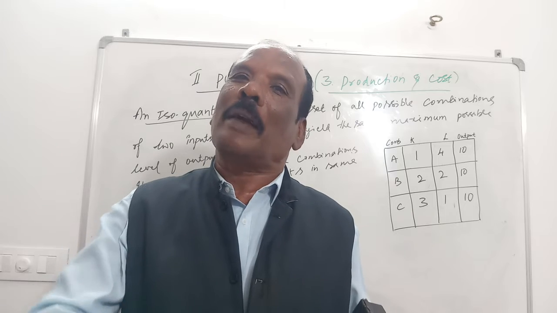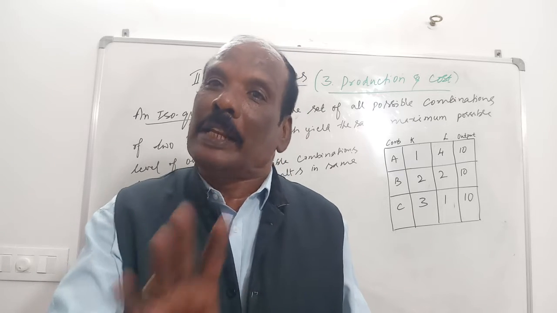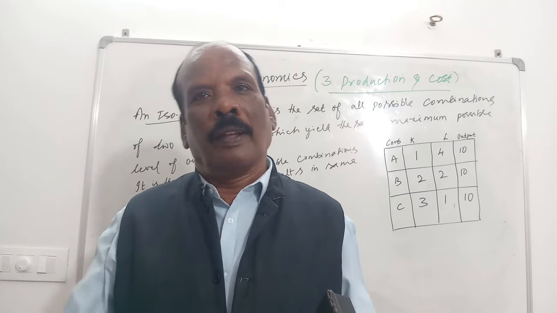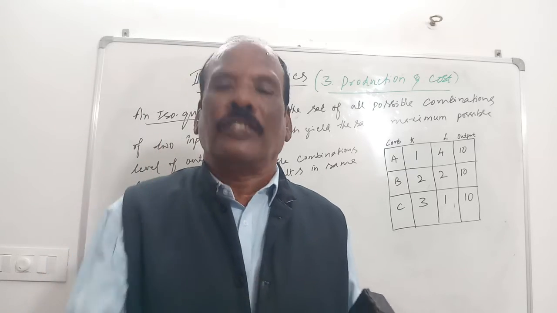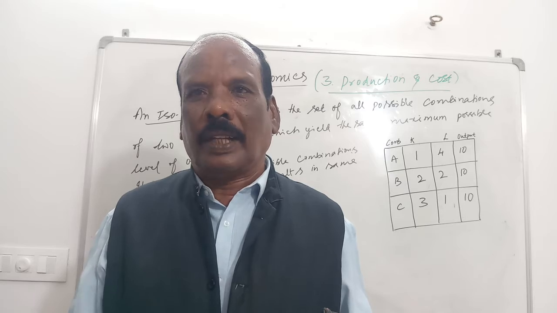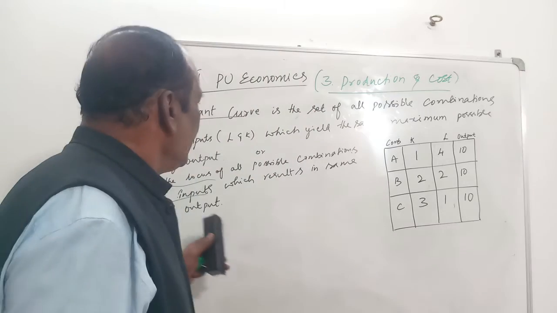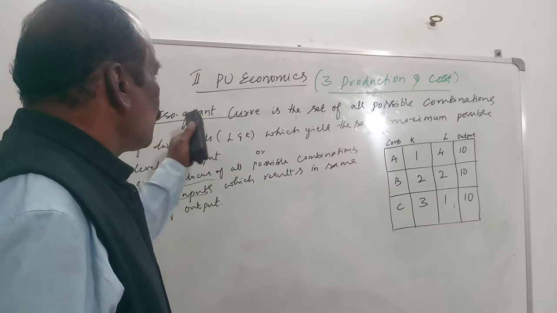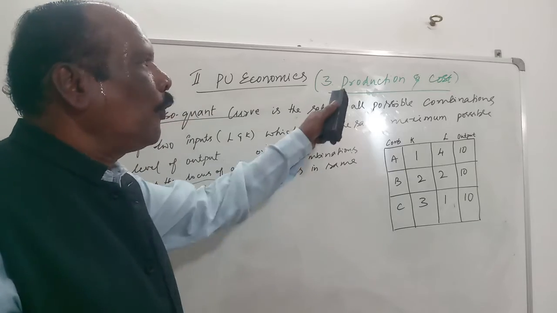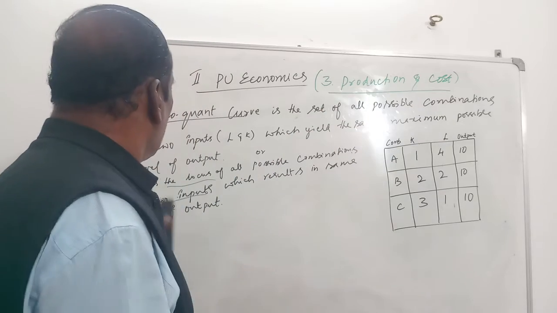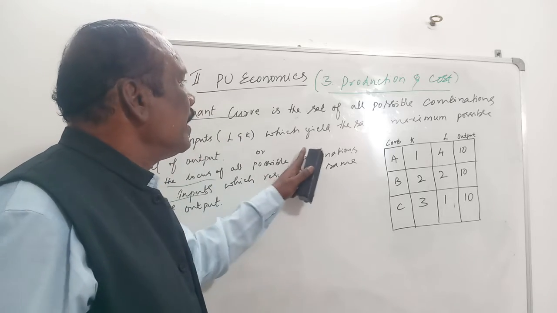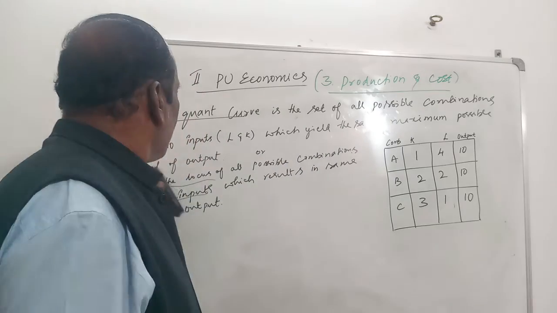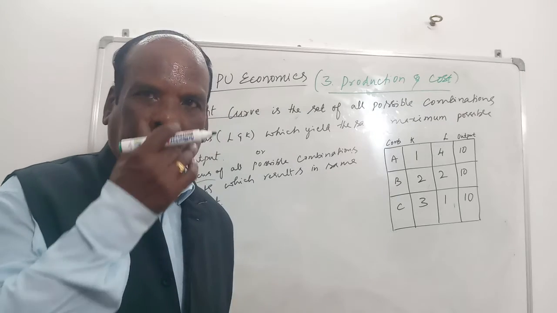Here, labor and capital are called the variable inputs, and land and organization are kept constant. Right? Okay. So again I repeat it. An isoquant curve is the set of all possible combinations of two inputs, labor and capital, which yield the same maximum possible level of output.